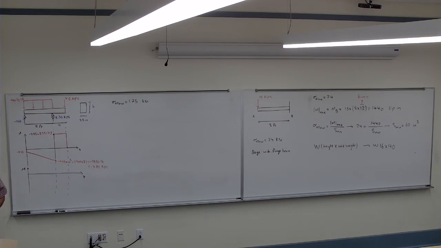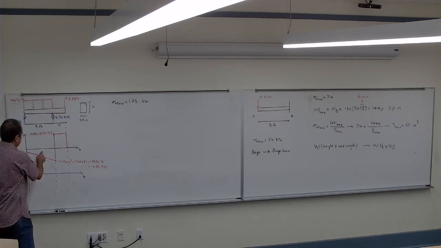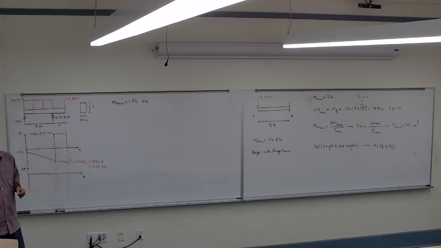Now I want to draw the moment diagram, so before I start it, I need these two areas. So what's the area here?